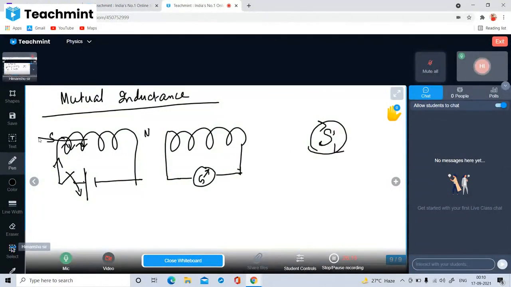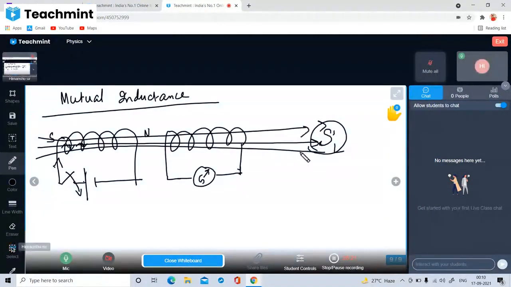So from south pole to north pole, there will be a change in magnetic flux. This change in magnetic flux makes the current flow, the induced current, and the induced current direction will be in accordance with Lenz's law. That means it will oppose.